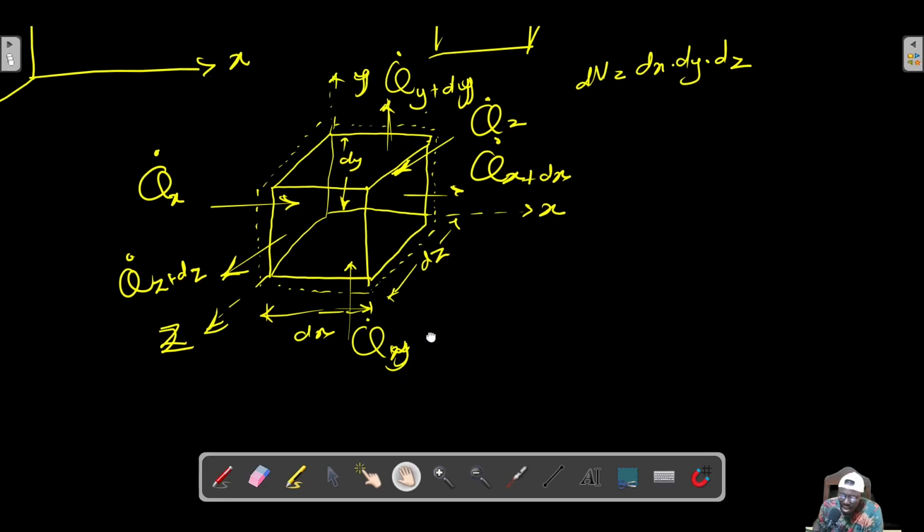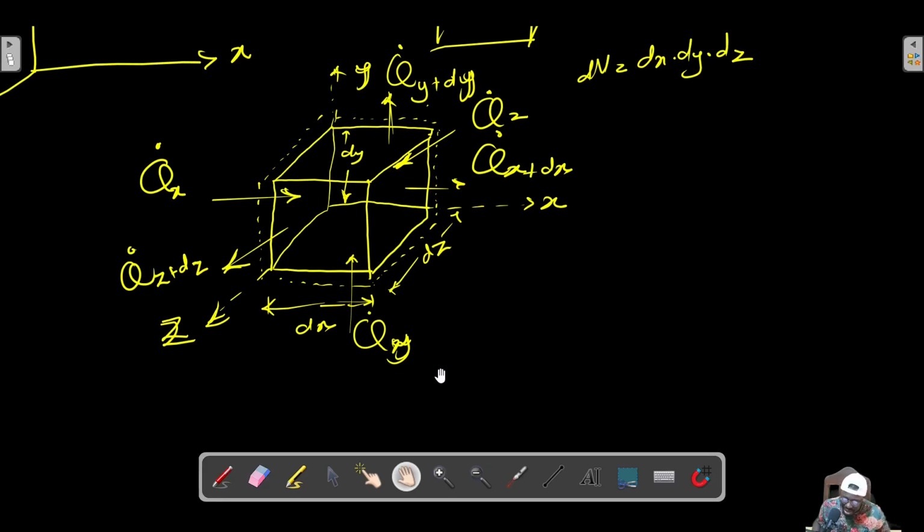Now, I'm assuming a general scenario. It could be that during the flow of heat through my infinitesimal volume, there was a time rate of change of energy, in this case thermal energy, within my control volume. The time rate of change of the thermal energy, I'm representing as change in E dot.